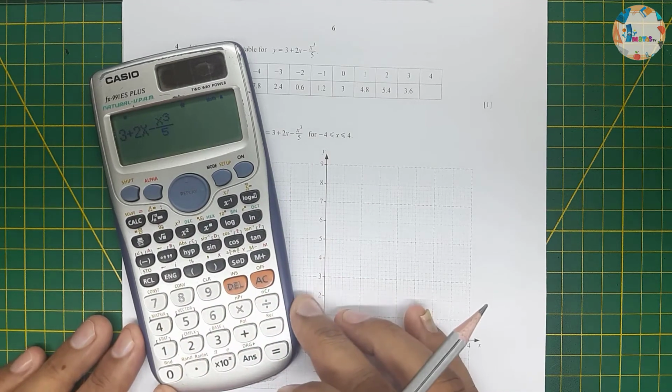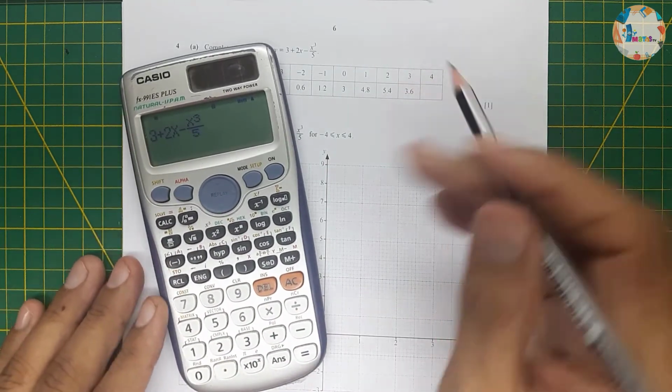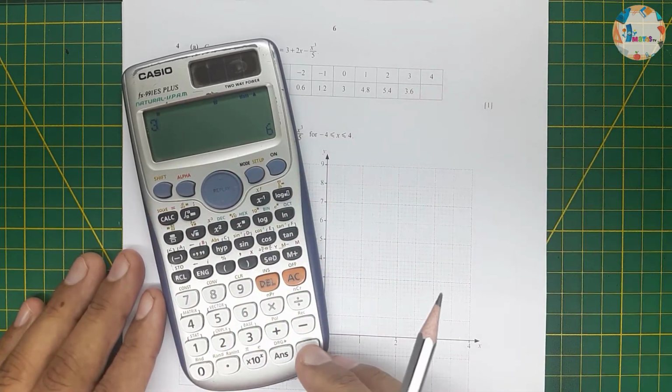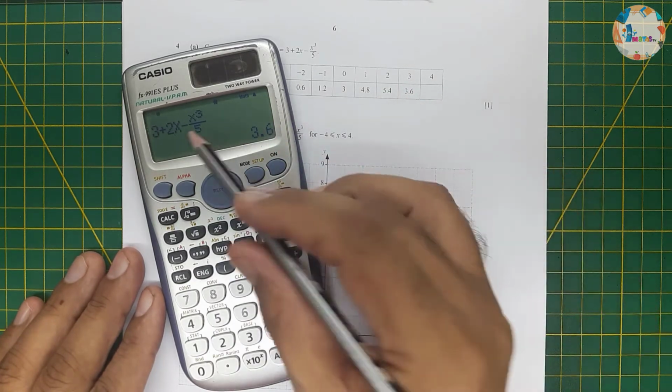We got the equation. Now to check whether we have done it correctly, we'll calculate for 3, and this should result in 3.6. This is 3.6, so our equation is correct.